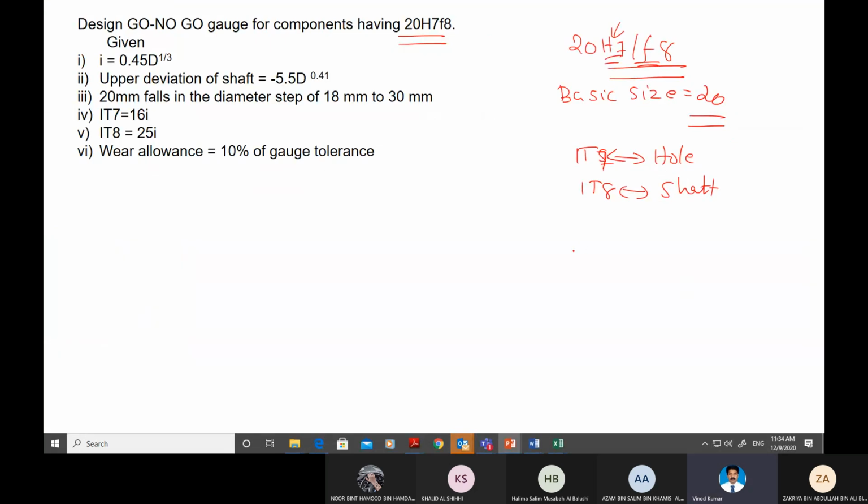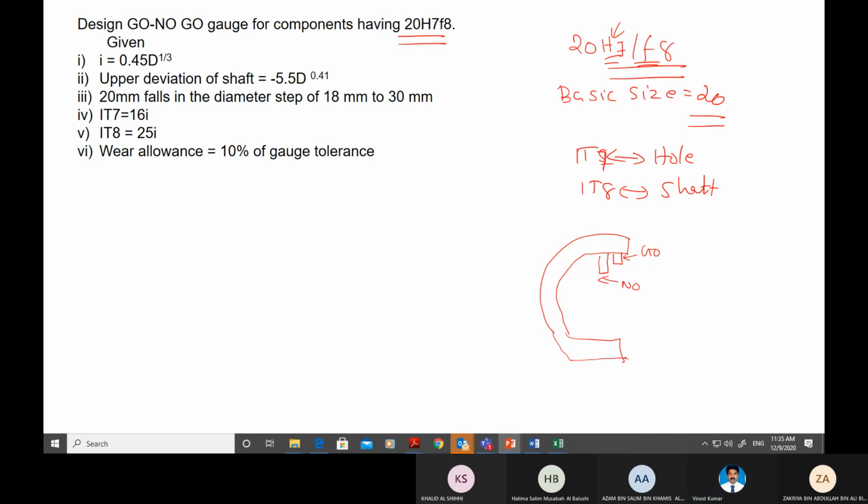This is the design phase where you design it. Two edges are there, first the go gauge, and second the not go gauge. This we have to design here. This is basically used in mass production industries where we produce a very large number of products.